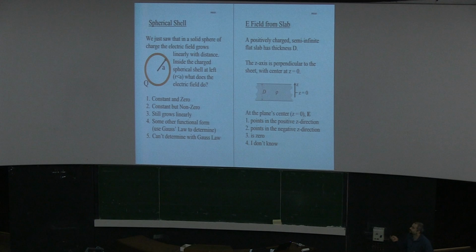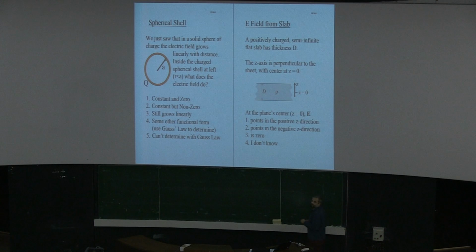How many of you think it is 1? How many of you think it is 2? How many of you think it is 3? 4? And how many of you think that it cannot be determined? Yes, 2.